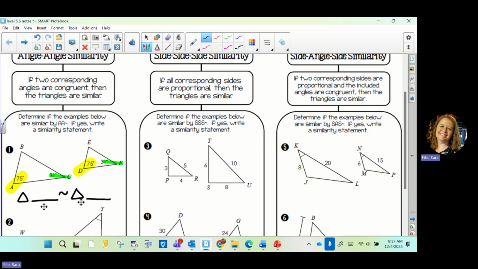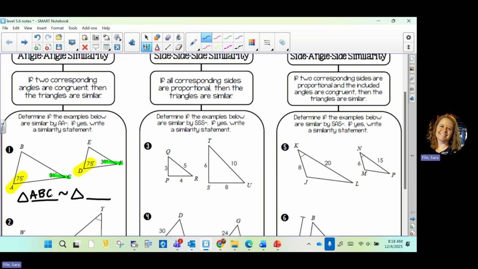Now, when you name the first triangle, you get to put these letters in whatever order you want. You could go ABC, BAC, CAB, BCA, CBA. It doesn't matter. For the first one, name it whichever order you want. Let's just go alphabetical for these notes. So I'm going to say ABC.